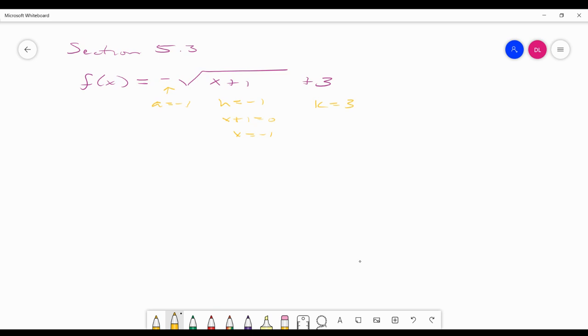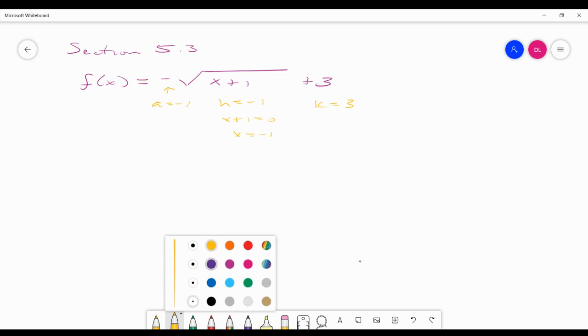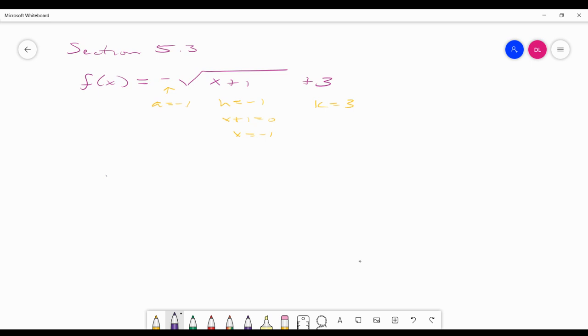All right, so let's look at this. I'll do it in a graphical format. So let's change colors again here. So we have graphing here. So if we do our graphing, what do we know?